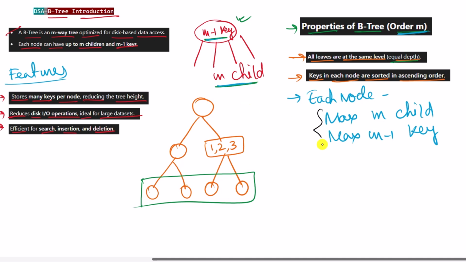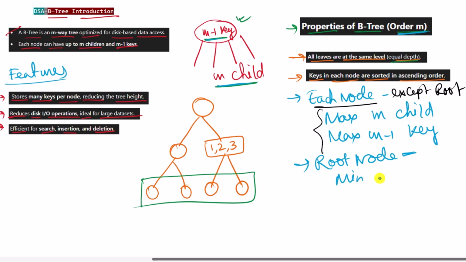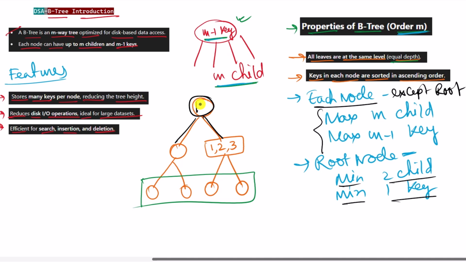This property is applicable for each node except the root node, because the root node can have a minimum of 2 children and a minimum of 1 key. So that means this root node can have a minimum of 2 children, so here we have 2 children, and it can have a minimum of 1 key.